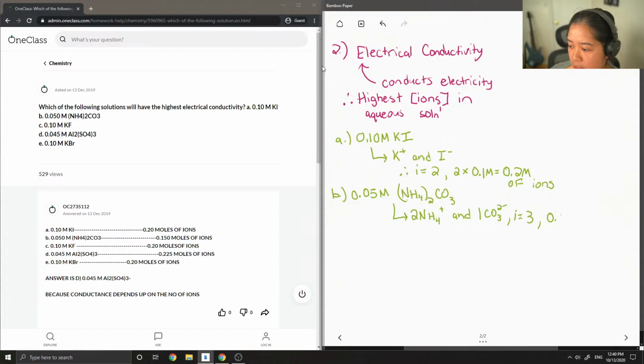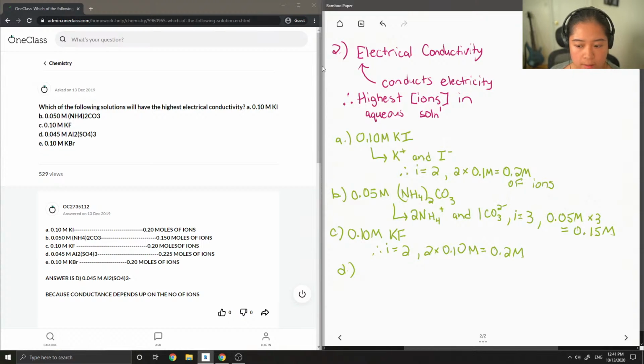Its concentration is 0.05 molar times 3, and you end up with 0.15 molar for this solution. On to C, 0.10 molar potassium fluoride. The number of ions again is 2, so this gives us the same answer as the first one, 0.2 molar.